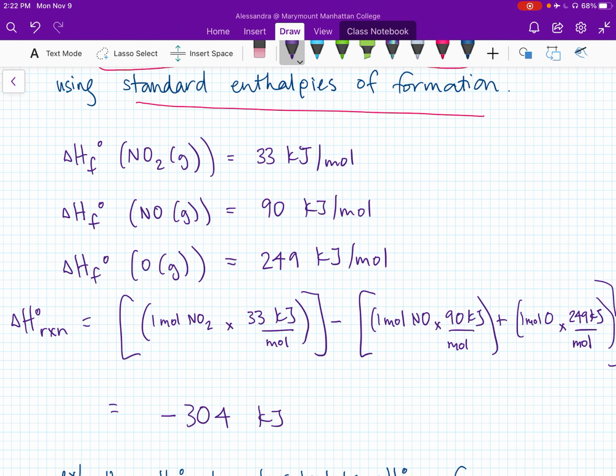Okay, so that's 33 minus 90 is about minus 60, plus 9. So that gives me minus 304 kilojoules. This might be slightly different from what we calculated for this reaction using Hess's law, but that example couldn't have been at 25 degrees Celsius. So this shows how you can use the standard enthalpies of formation to calculate the delta H naught of a reaction. Let's do another example.